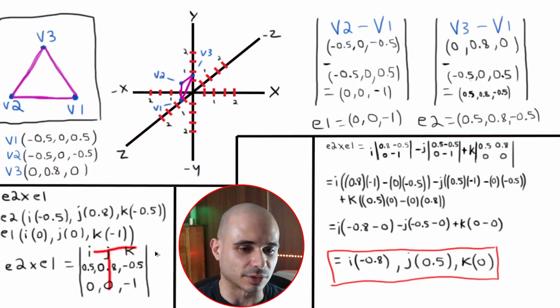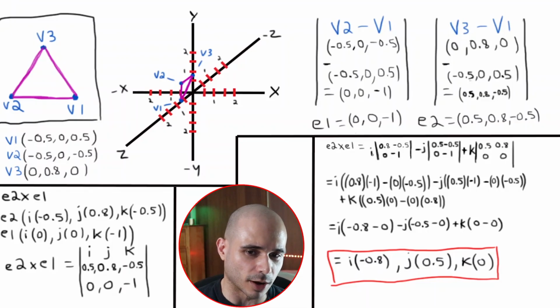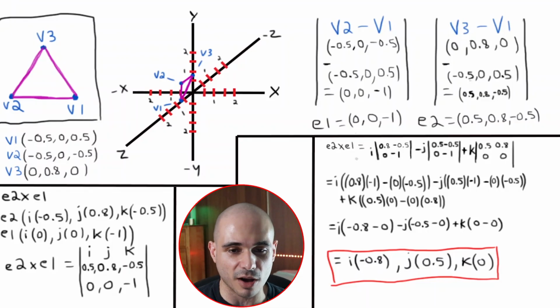And then lastly, for K, we block out these, and that's going to give us the last terms for K.